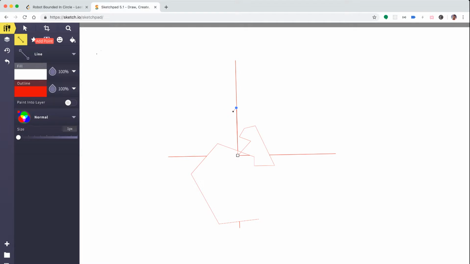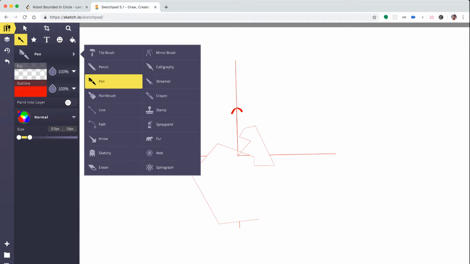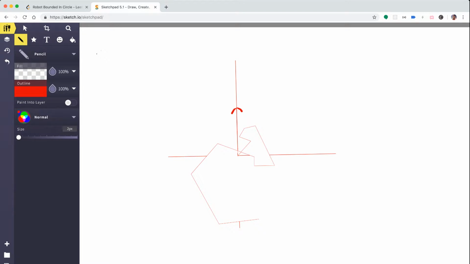Okay, change to pencil. This is the original direction.